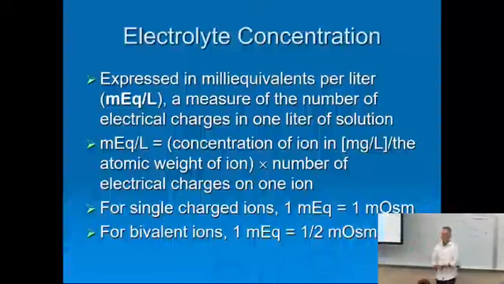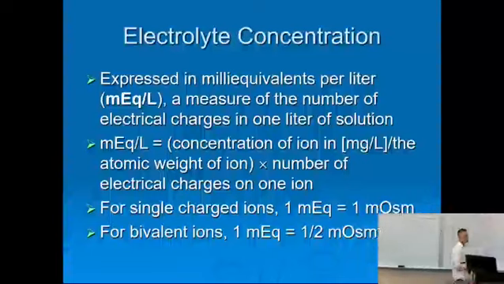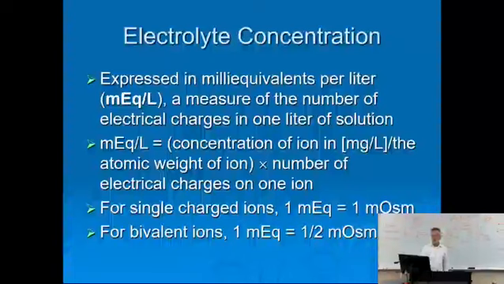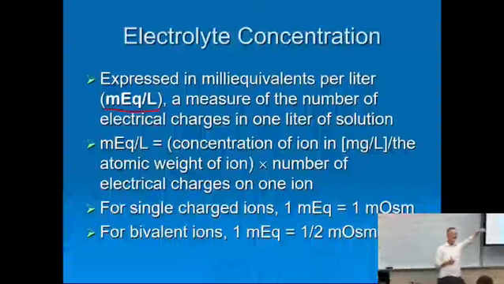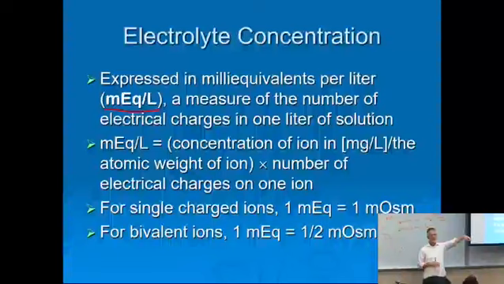And when we look at concentration, one of the different units that we use in terms of concentration is milliequivalents per liter. And we use that for electrolytes just because, as I mentioned, in terms of osmotic gradients and osmotic pressure, it has to do not only with how many of those solutes, in this case electrolytes, we have piled up in one area, but also their charge.